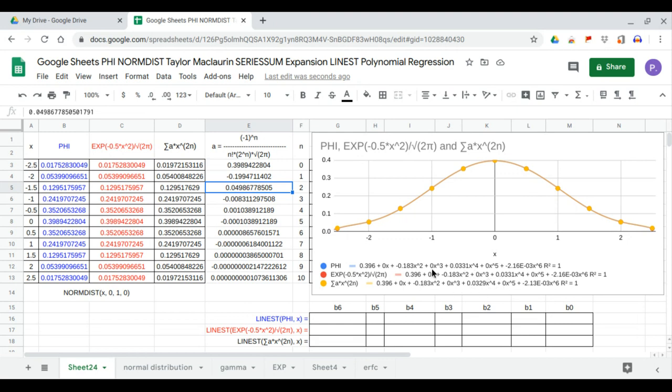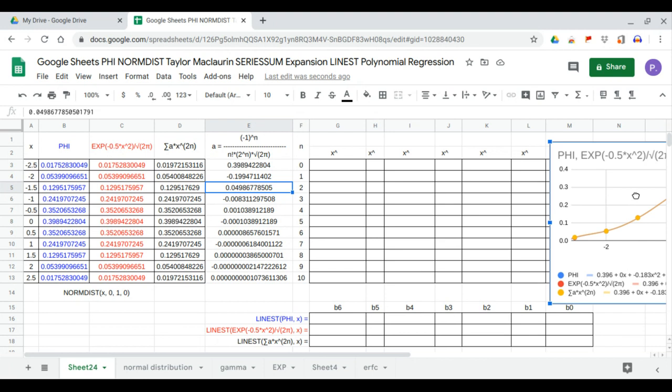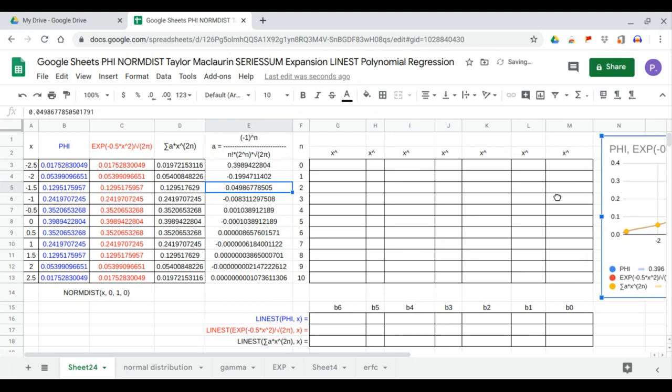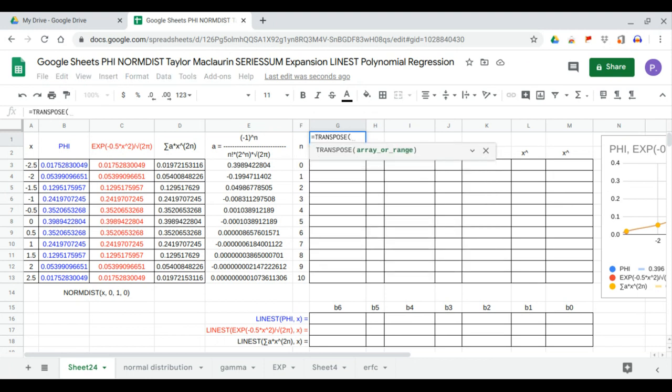We'll calculate these regression coefficients using LINEST. To do that, we will begin with the 1 comma x matrix. So we start with transposing these values. This column will be x to the 0, this column will be x to the 1, this column will be x squared, x cubed, and so on, up to x to the 6. Start with the x to the 0 column, or the 1 column.